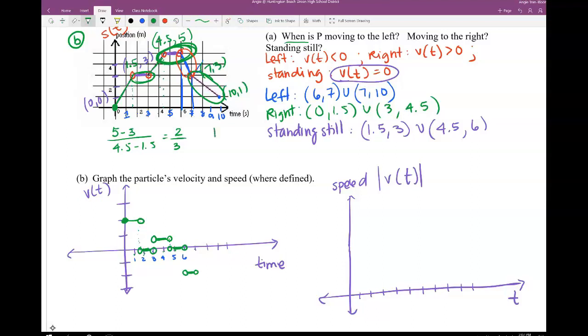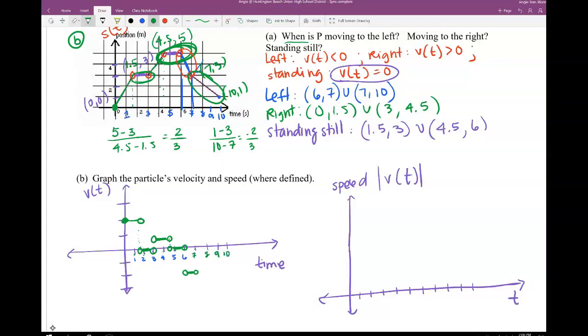1 minus 3 divided by 10 minus 7. That's -2 over 3. So -2/3. So this is 7, this is 8, this is 9, this is 10.